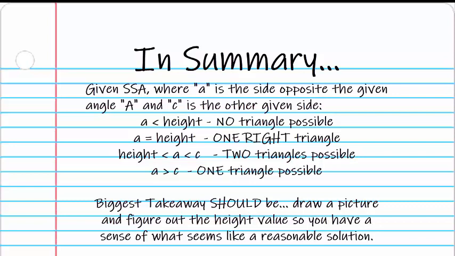Does it seem reasonable that there should be one triangle possible? Does it make sense that a right triangle is the right solution? Or should there be multiple triangles possible? In the follow-up video, I'll show you how to make the calculations to find the missing sides and angles for both possible triangles in the two-triangle scenario.